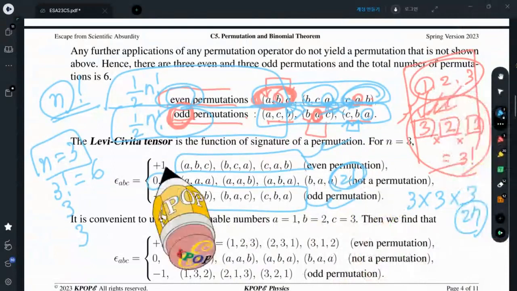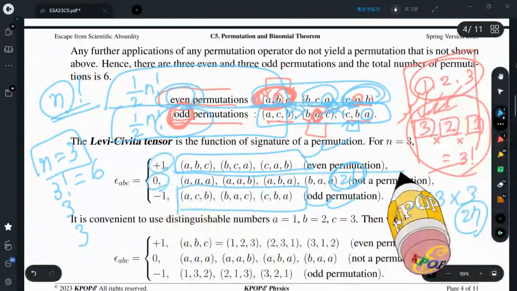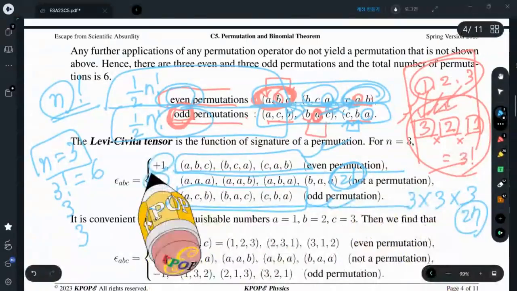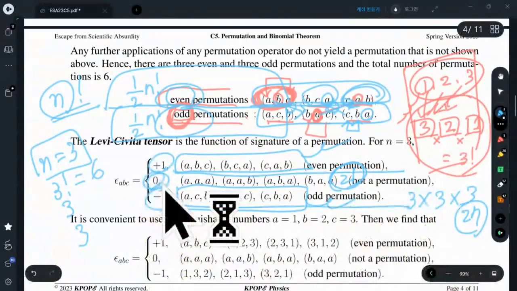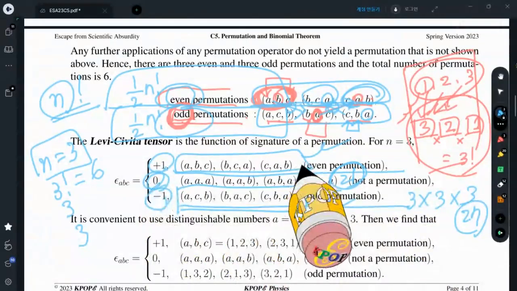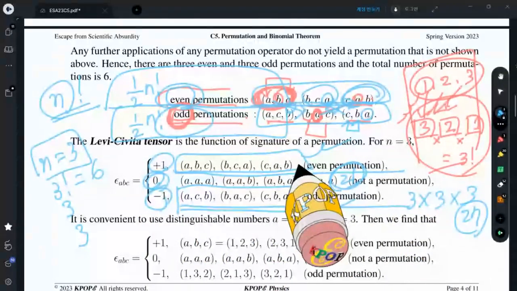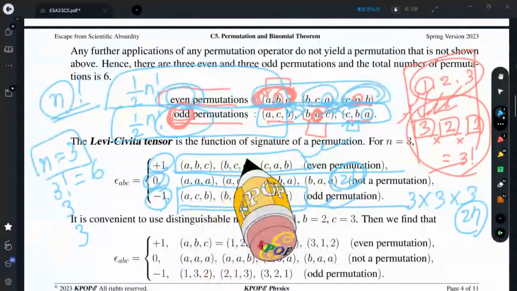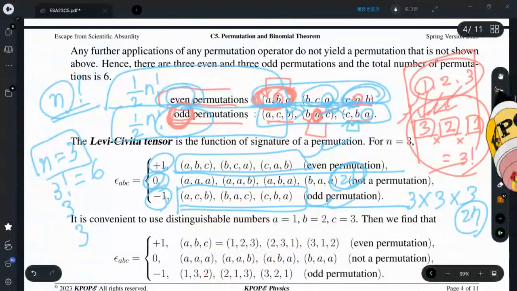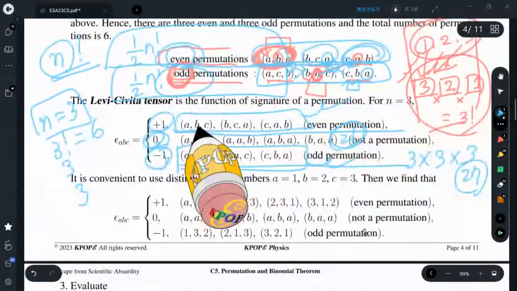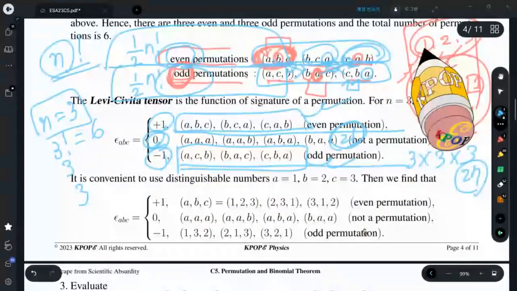We define +1, -1 for even and odd permutations, and for no permutation, everything is 0. Anyway, only if these numbers are distinct, it will be related to non-vanishing volume in 3-dimensional space. I have replaced A, B, C with 1, 2, 3 respectively.